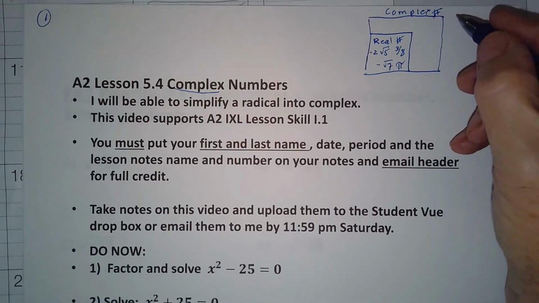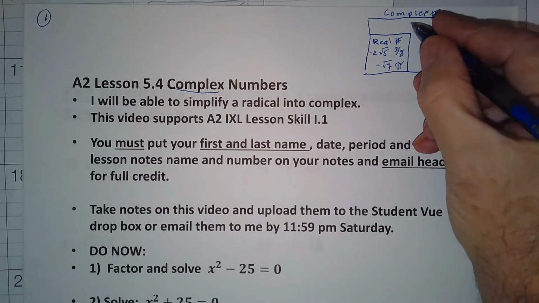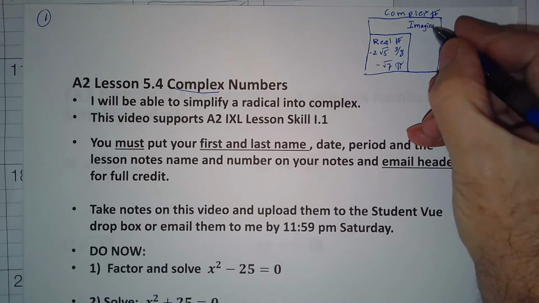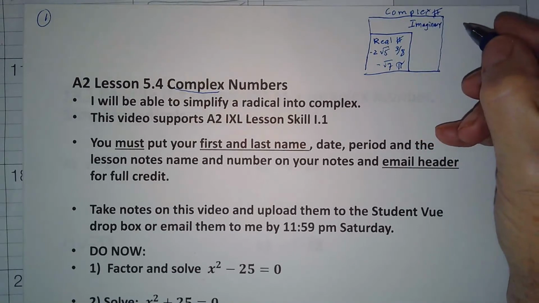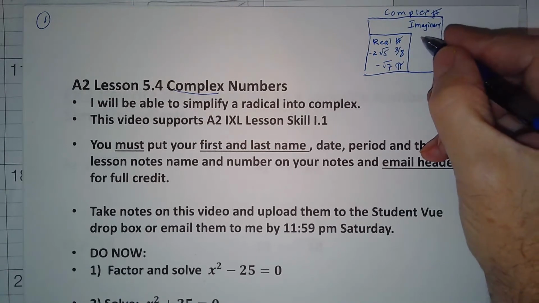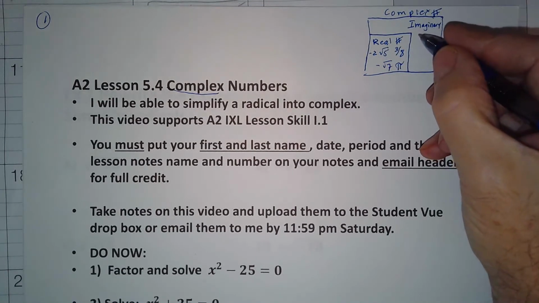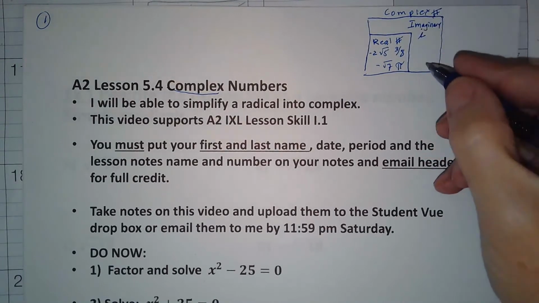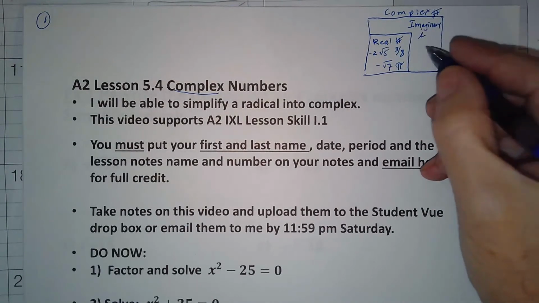And the complex numbers include a part called the imaginary numbers. So imaginary numbers are, well, frankly, the imaginary number is the square root of -1, which is I. We call that I. And we'll talk about how that works.